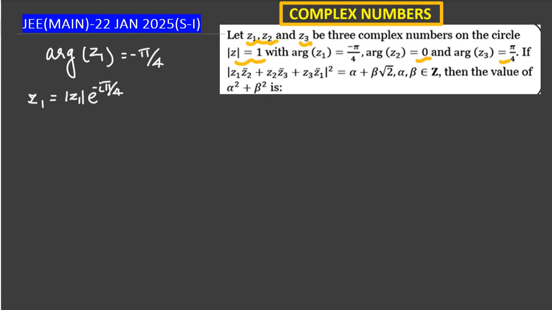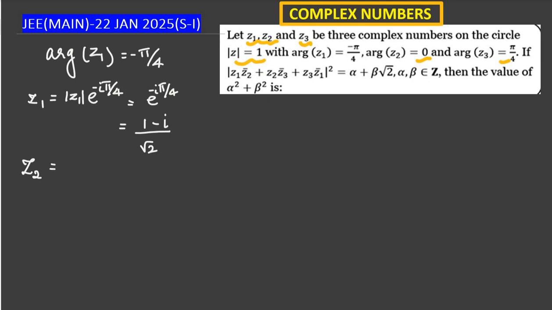We know that modulus of Z in general is equal to 1, and therefore the value can be written as e power minus iota pi by 4, which is equal to cos of minus pi by 4 plus i sine of minus pi by 4, and the value will be 1 minus i divided by root 2. Cos of minus pi by 4 is 1 by root 2. Sine of minus pi by 4 is minus sine pi by 4, which is equal to minus 1 by root 2. Therefore, we get 1 minus i by root 2.